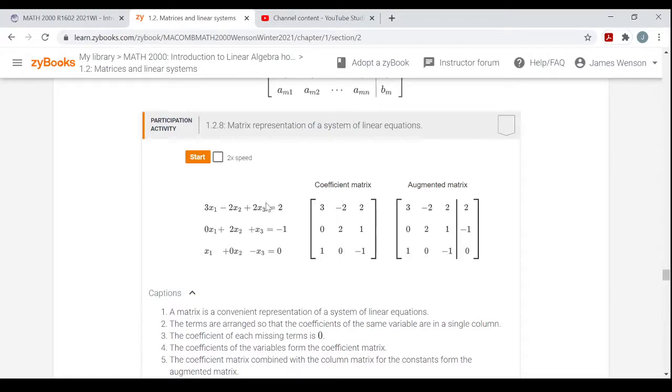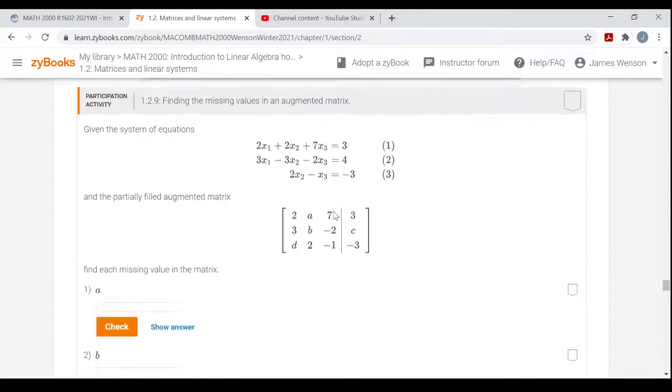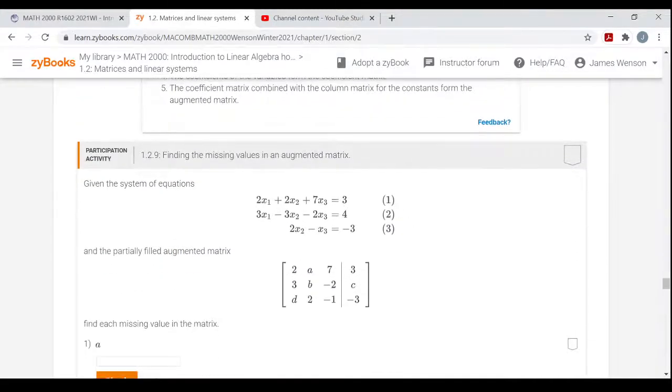Down the third column, the coefficients of x3, 2, 1, -1. And then if you draw a little bar in here and add to that to augment it, make it an augmented matrix, the bar kind of represents the equal signs, if you want to think of it that way. And then you have the augmentation, 2, -1, 0. That's the matrix of constants on the other side. So I'm going to do that for this example here in the participation activity.